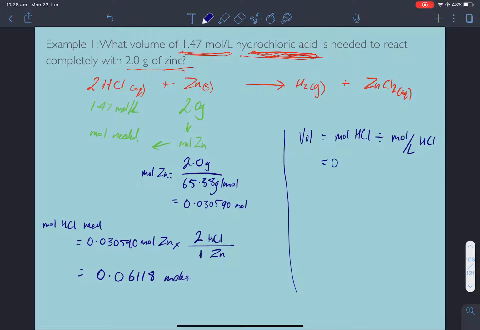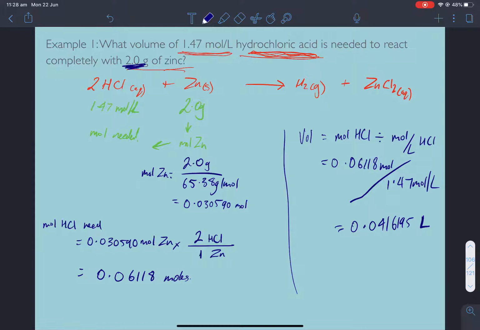So it's going to equal our 0.06118 moles divided by our concentration from our question, 1.47 moles per litre, and that will give us our volume that we need. Divided by 1.47 equals 0.041619 litres.